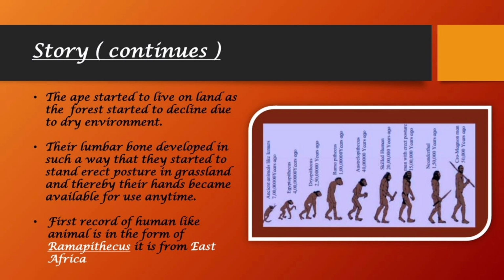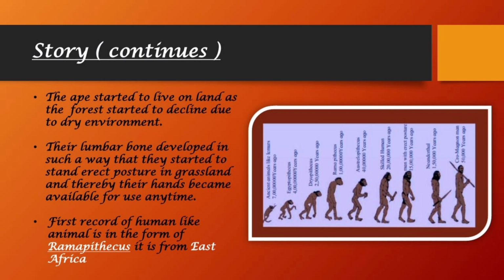Meanwhile, these ape-like animals reached South and Northeast Asia and finally evolved into gibbon and orangutan, that means apes. The remaining ape-like animals stayed in Africa and from them gorilla and chimpanzee evolved about 2.5 crore years ago.